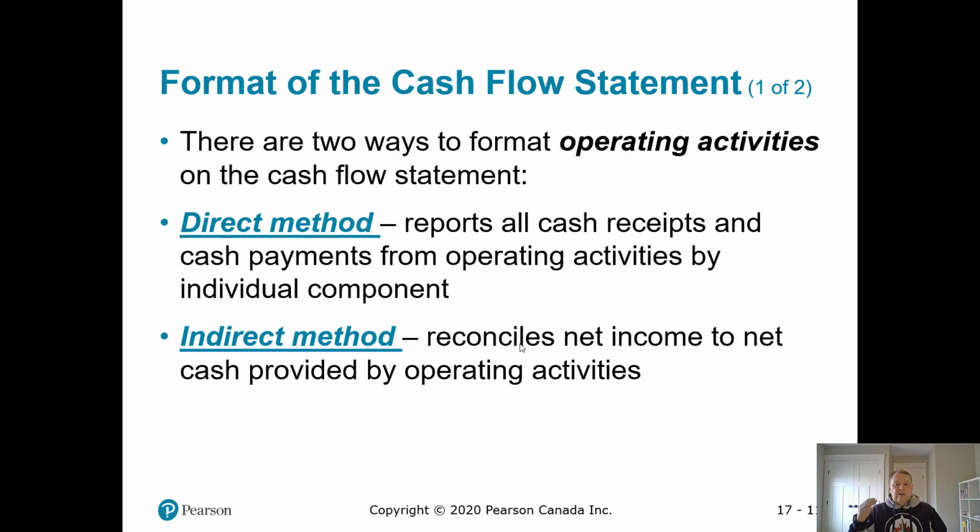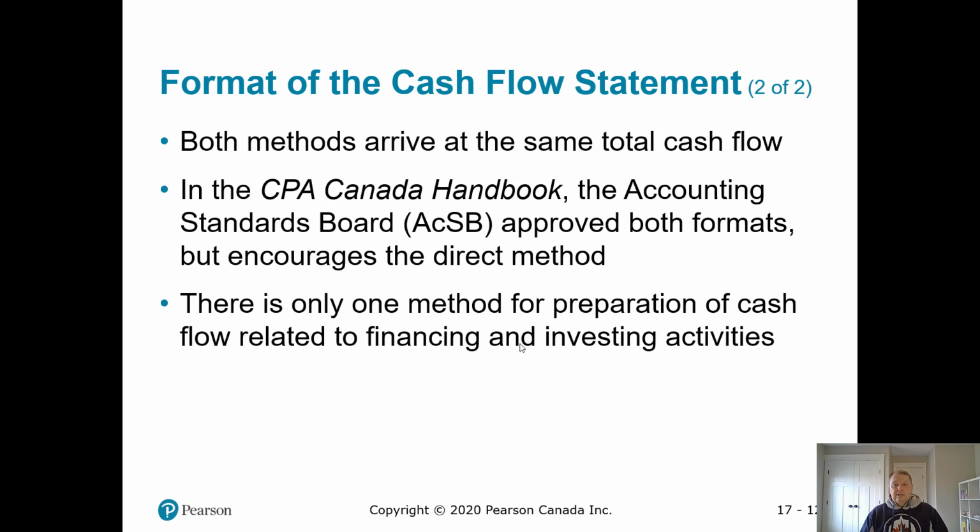In other words, we know what net income is, but if we adjust that to a cash basis, what sort of income was generated by operating activities? They both work the same whether you do direct or indirect. You still get the same number, but we are going to use the indirect method here.